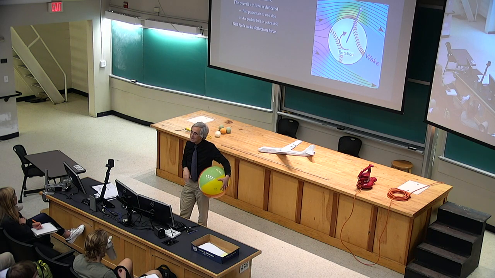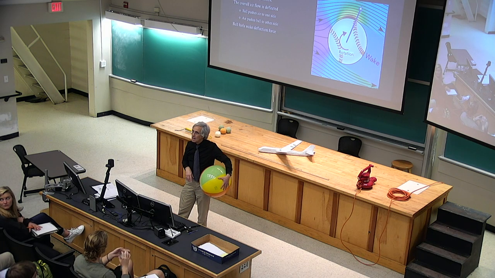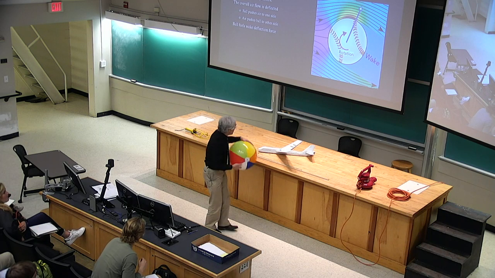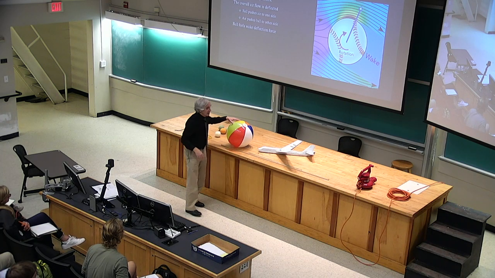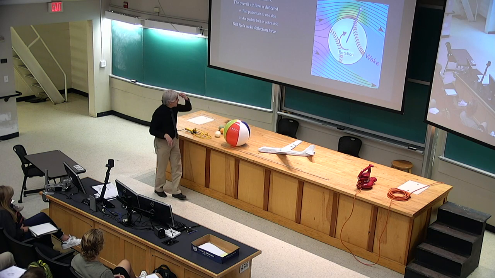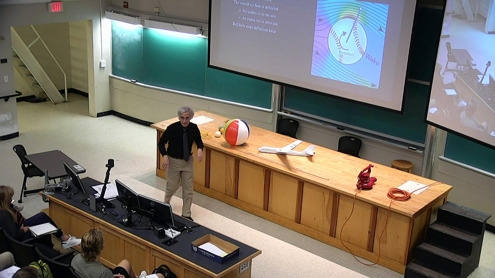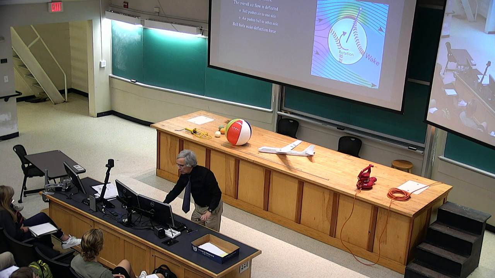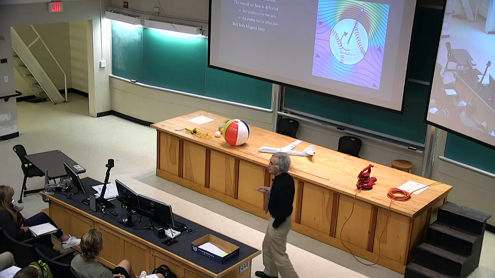Yeah? Does the pressure difference have anything to do with where the ball goes? Absolutely. It completely determines which direction the ball is pushed. I'll go back to the Magnus force because it's got the prettier drawing.